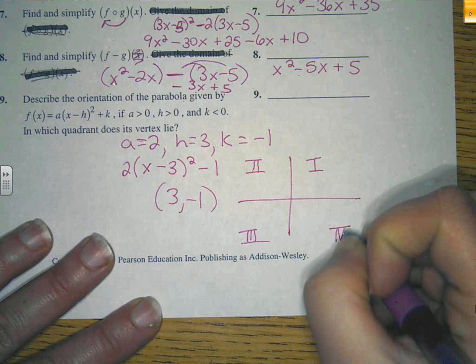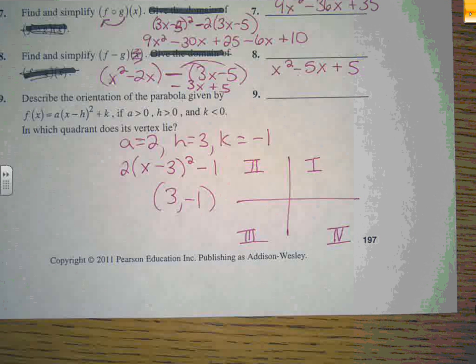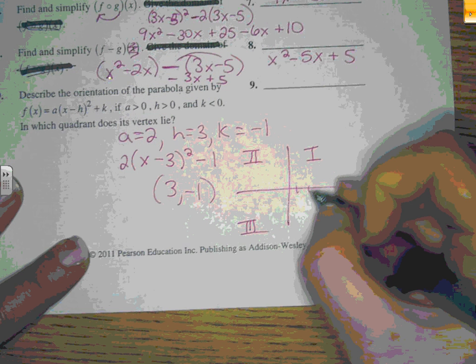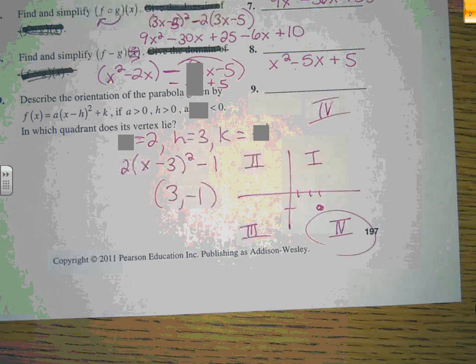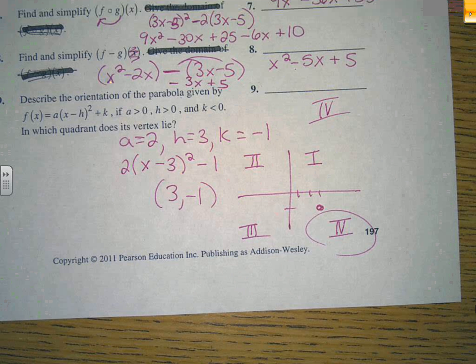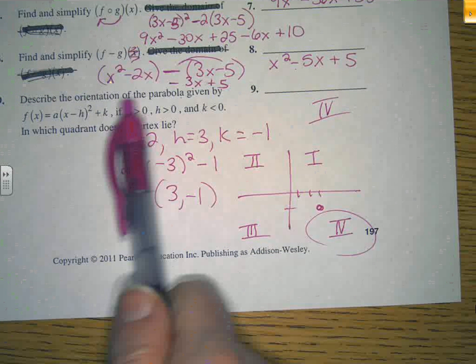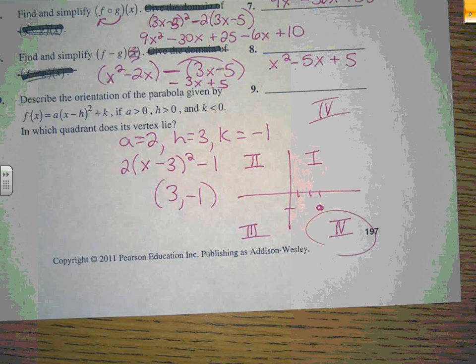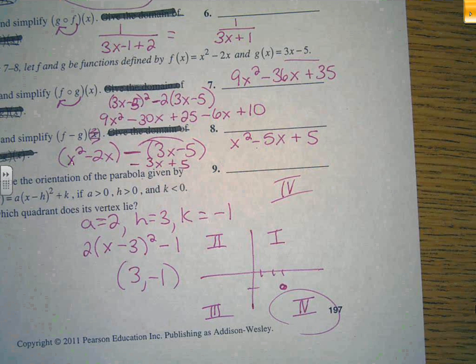So where would that lie? 4. Over 3 down 1 would be in quadrant 4. Okay, so again, on the test, instead of putting a is greater than 0, I put a equals something. H equals something. So you just have to figure out the vertex and where it is.